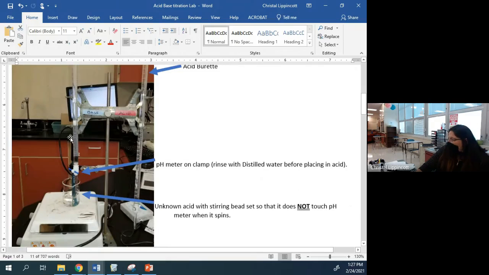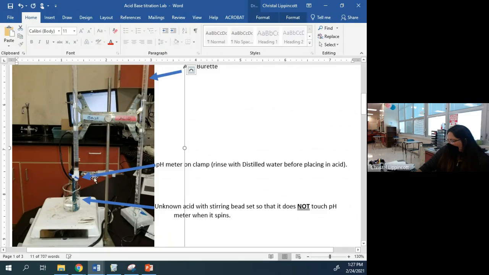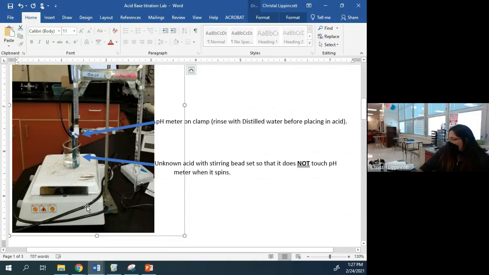You are going to have another clamp here that the arrow is kind of covering up, and that clamp is going to hold your pH probe in position, down in here. The reason this is sitting on here isn't for heat. Do not turn the heat on.